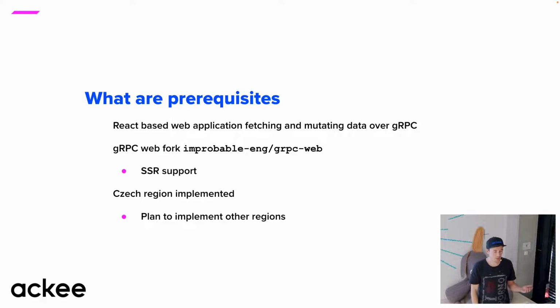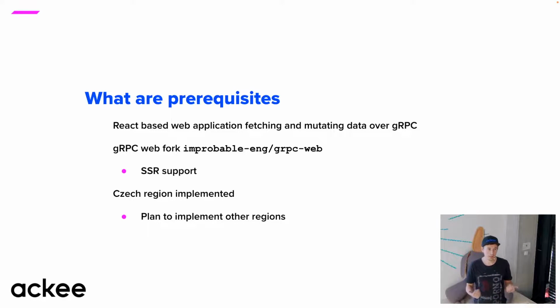For imagination, let's assume we have an application. It's a React-based web application that fetches and mutates data over gRPC. It uses gRPC web, but not the original one, but the fork from Improbable.